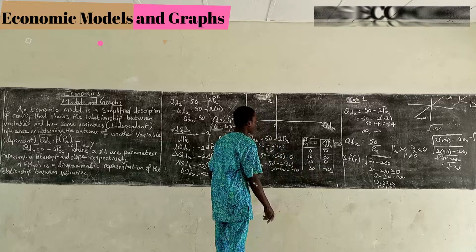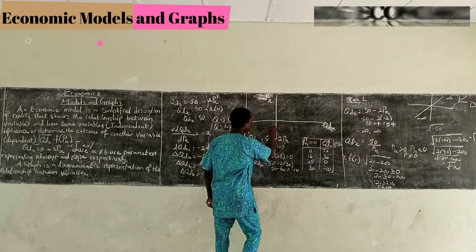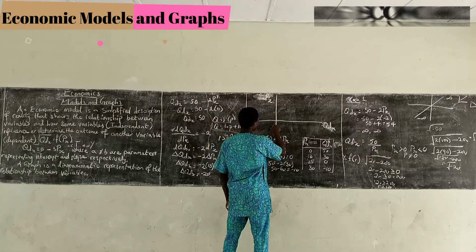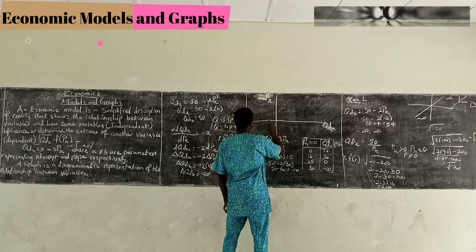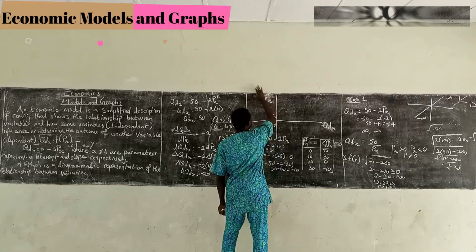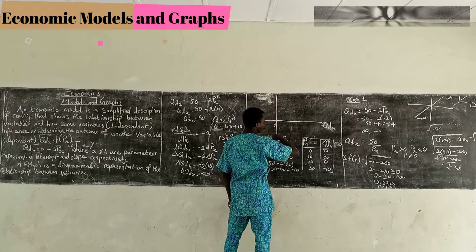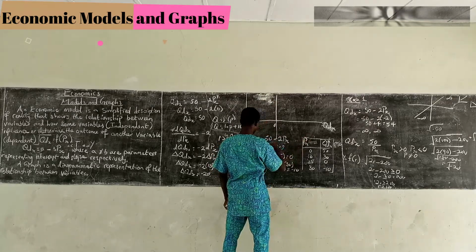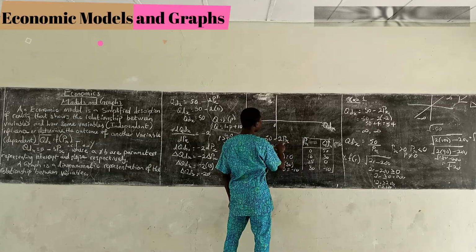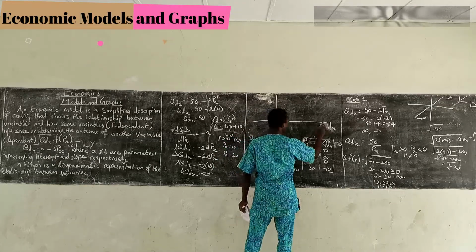So plotting this out, when Qx is 0, I made Q here. Price is the independent variable, right? So price is the independent variable.